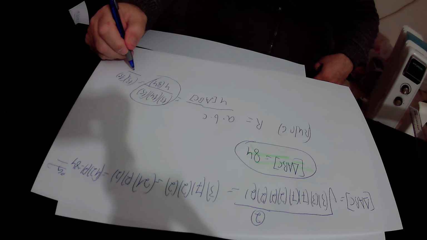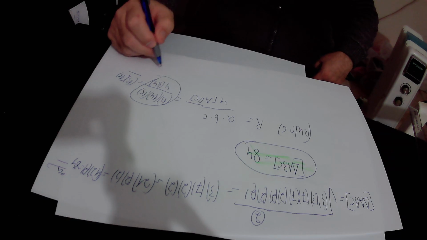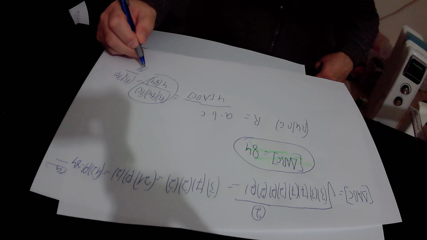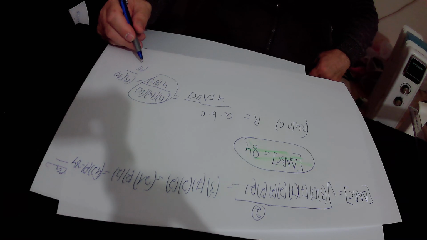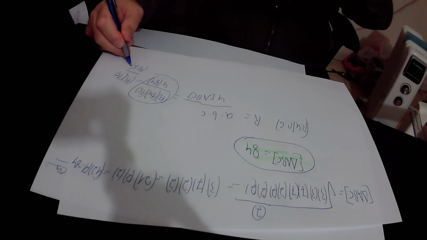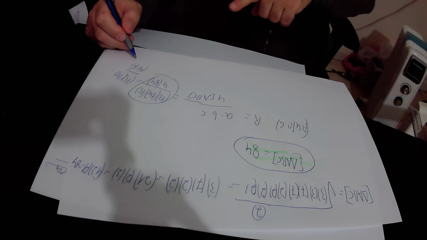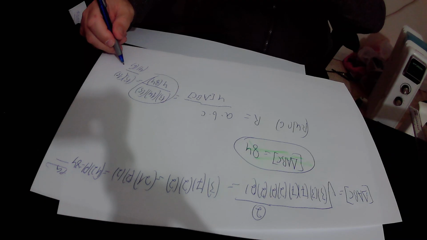Over 4 times 84. In the denominator we have 4 times 84, so 4 times 84 over 14 is 6. So in total, after we divided the denominator by 14, we are left only with 4 times 6.